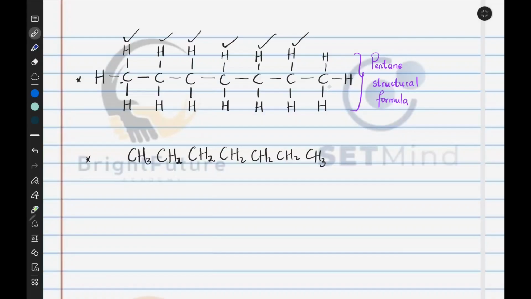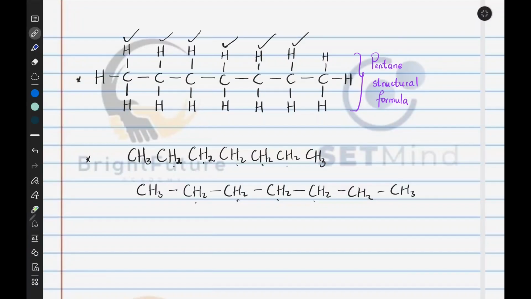This is how the condensed structural formula would look. Or sometimes you separate it using a bond, so it will be CH3, CH2, CH2, CH2, CH2, and lastly CH3.